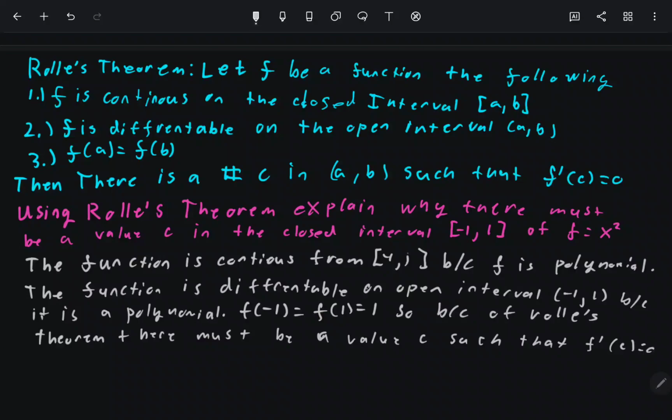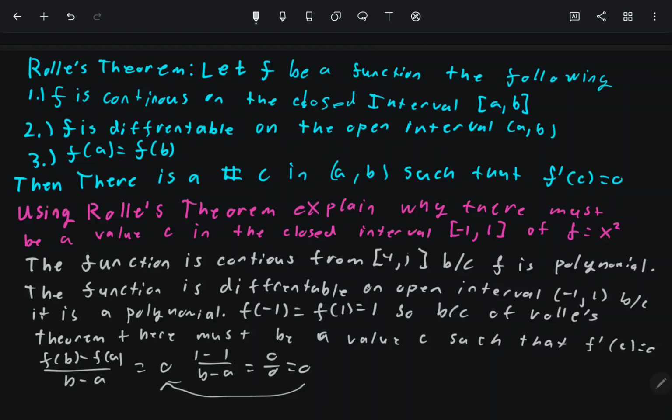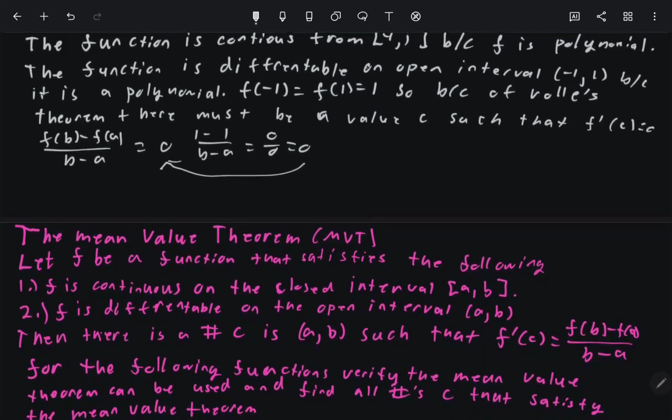And just to show you why that is, what this really is stating is that f of b minus f of a all over b minus a must be equal to 0. Well, if we know f of b and f of a are equal, so this becomes 1 minus 1 over b minus a, so we get 0 over something, which is true for Rolle's theorem. Hope that gives you a bit more insight there.